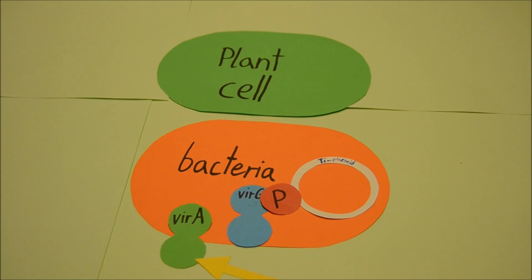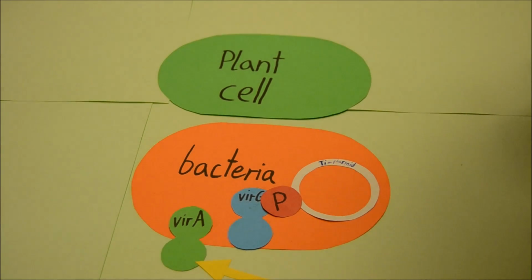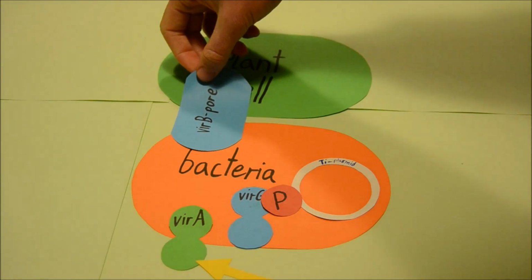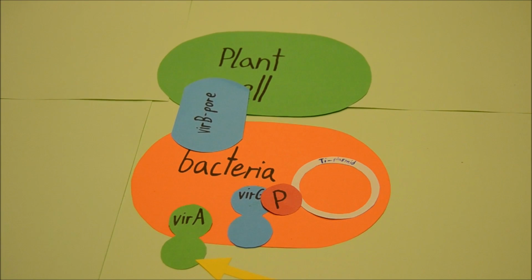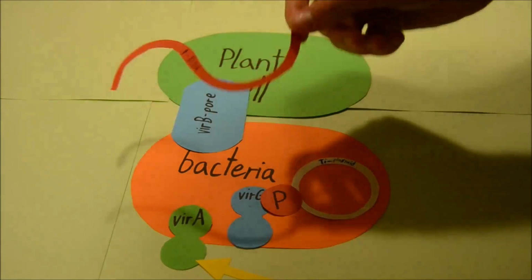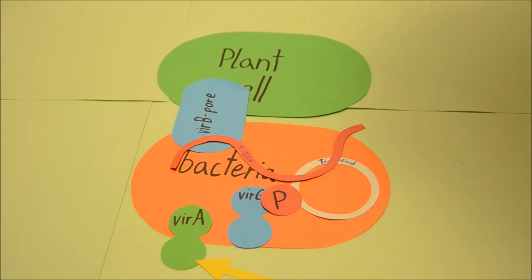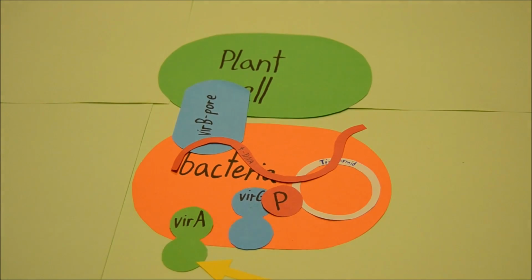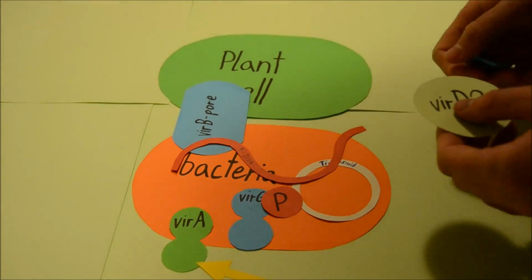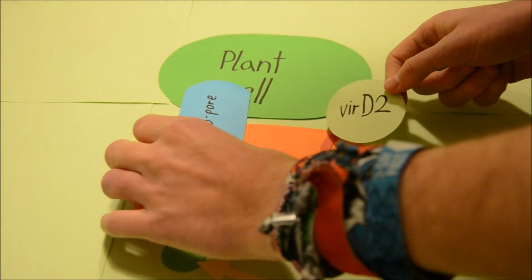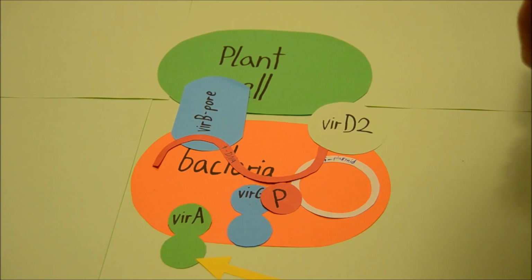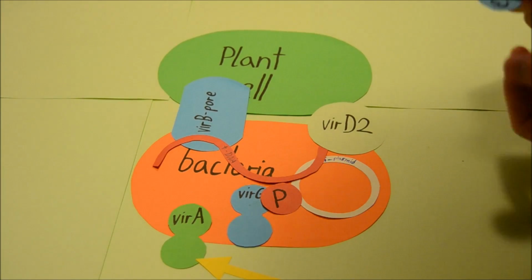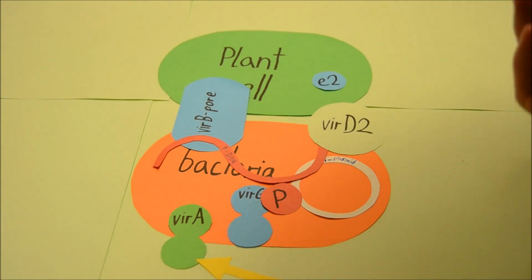And now, through this expression, we get this VirB part. This is like the bridge to the plant cell. Then we get our tDNA containing our genes. Also, we have VirD2, which is attached to the 5' end of the tDNA, and a lot of VirE2 proteins.